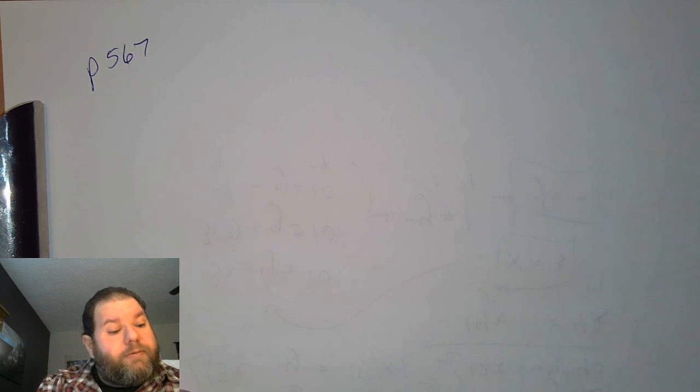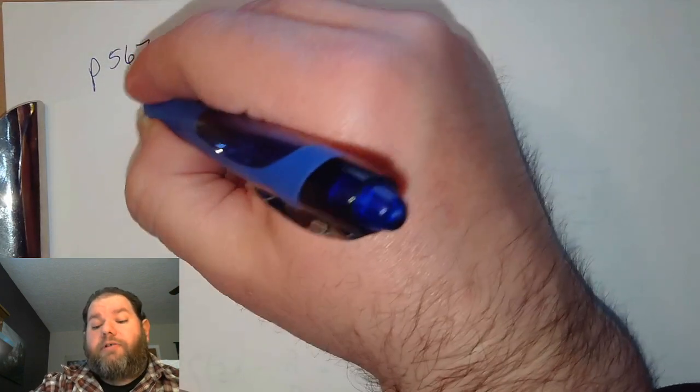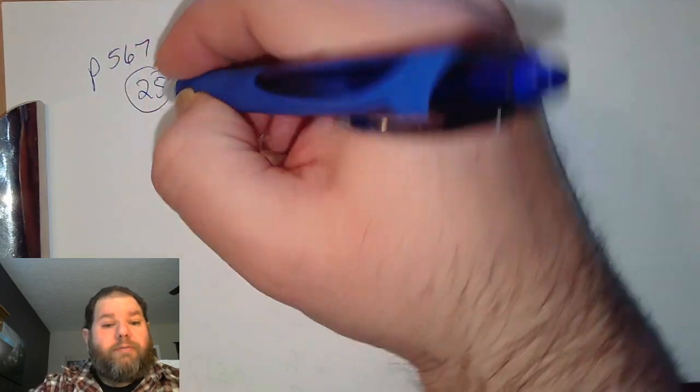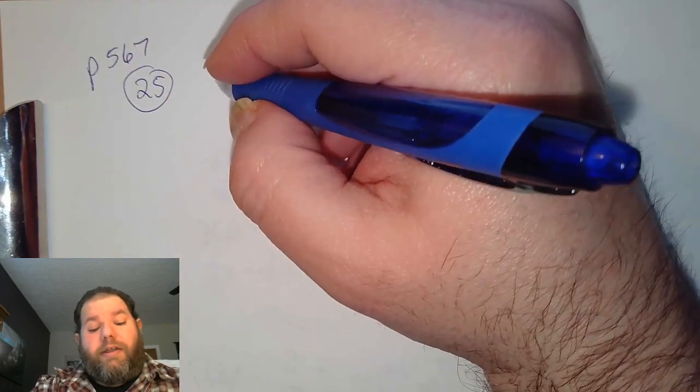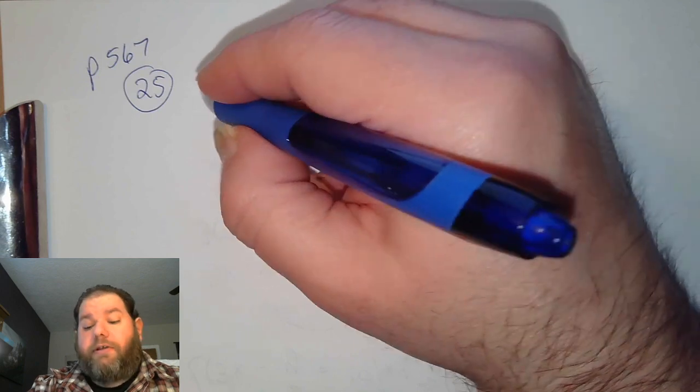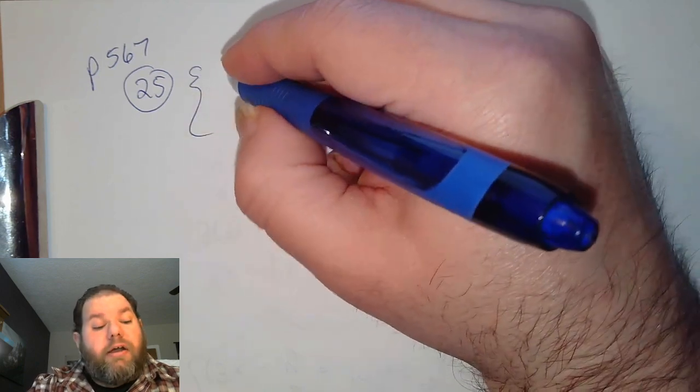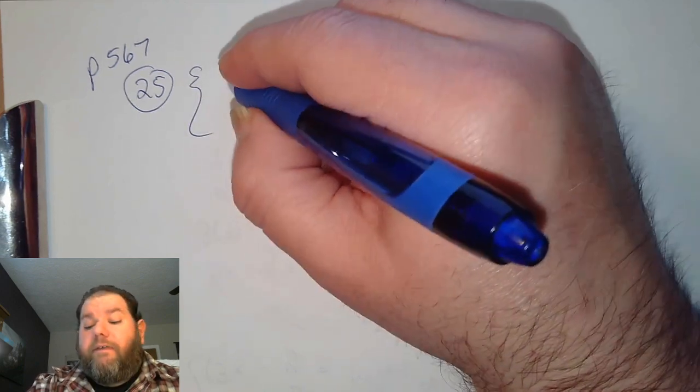Let's look at 25. It's an odd problem, but I'm not actually going to assign homework from this section since we have an entire final review to look at. So this will be fine.